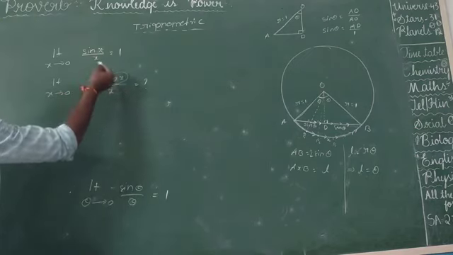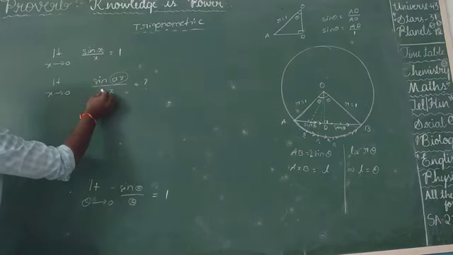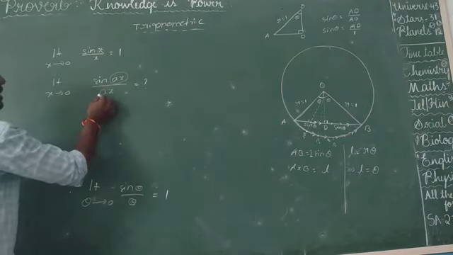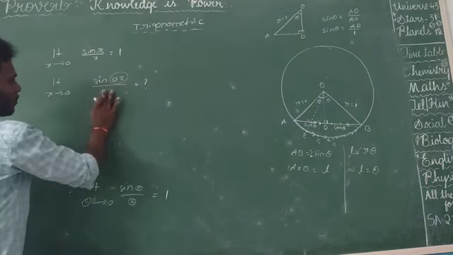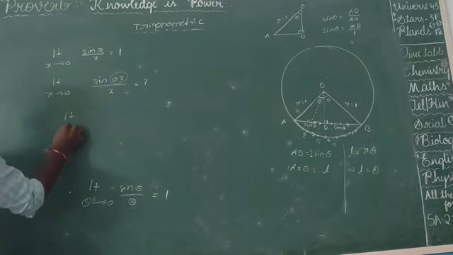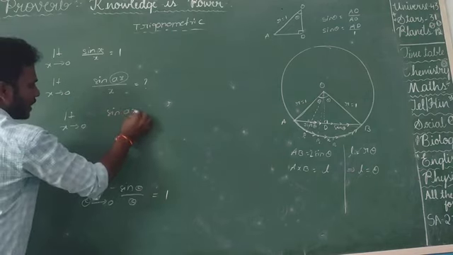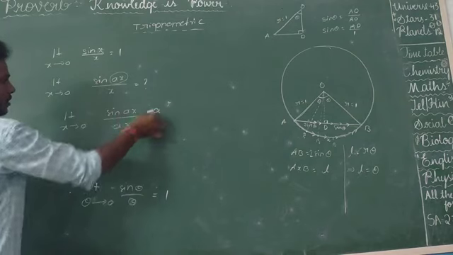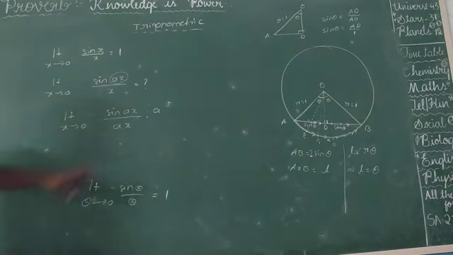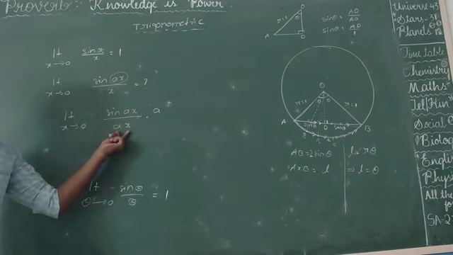But sin ax, you should divide by ax also, which means it will become 1. The value is not there here, that's why I have taken ax. So for this question I can write limit x tends to 0 of sin ax by ax into a, for balancing the value. Here the angle value is ax, so to compare with the angle value ax, the denominator should be maintained as ax.